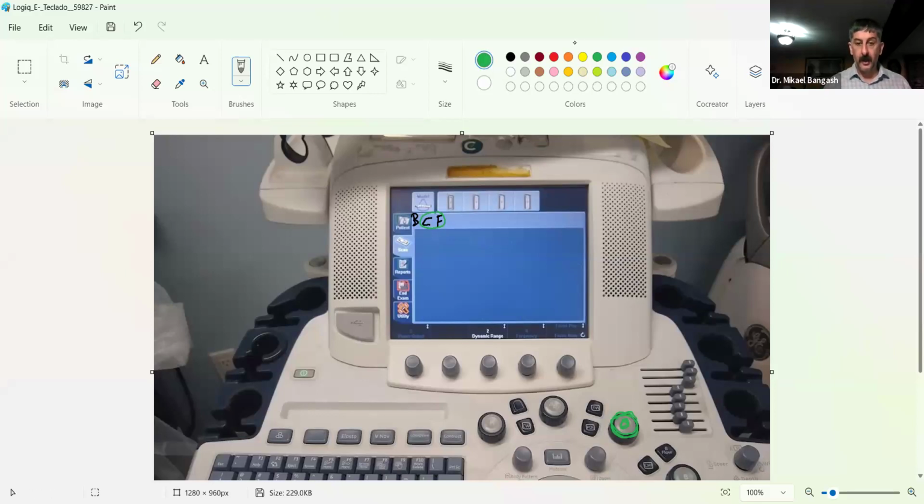And whenever we turn on Doppler, the functions of these knobs here are going to change. So this knob here, in most instances, will say angle steer.